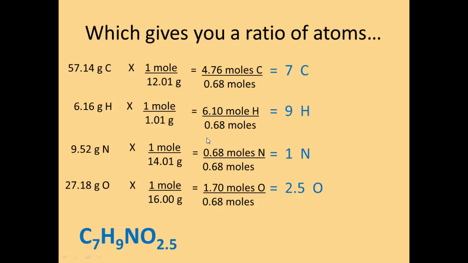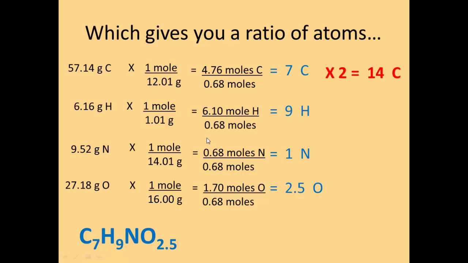Is there a number that we could multiply that 2.5 by to get a whole number? That's right. We could multiply 2.5 times 2, and that would give us 5 atoms of oxygen. But whatever you do to one of these numbers, you have to do to all of the values. So we're going to take the values that we see in blue, and we're going to multiply each one by 2.